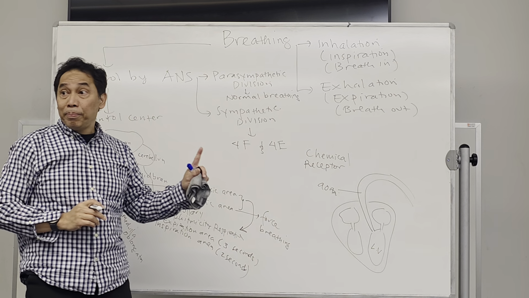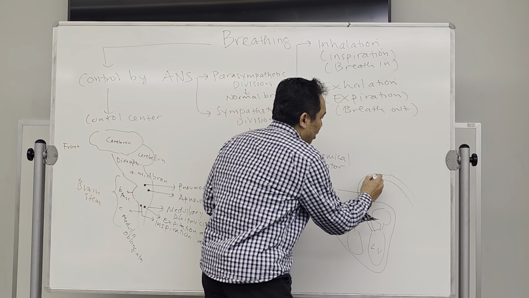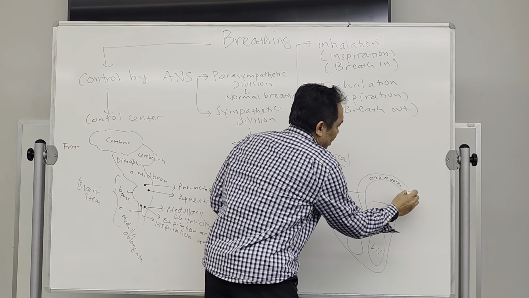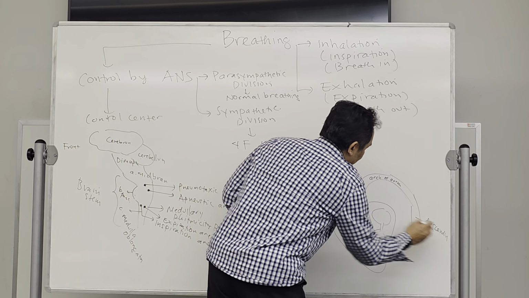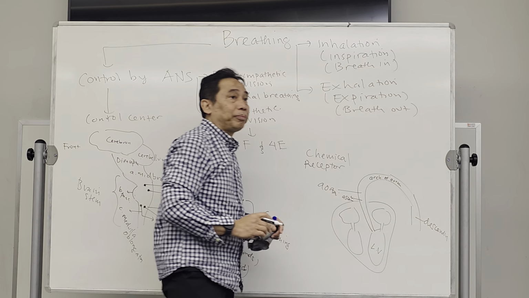And the aorta has 3 main parts, which are the ascending, the arch, okay, arch of aorta. This is descending aorta. This is ascending aorta.